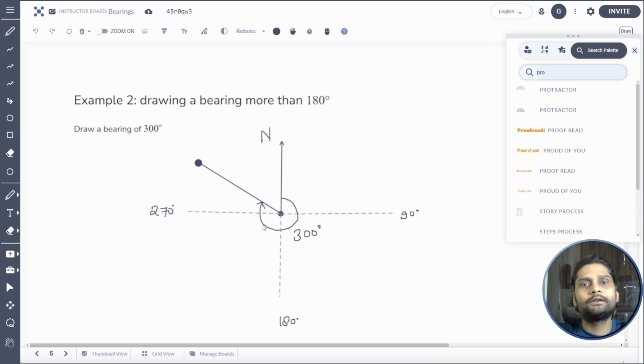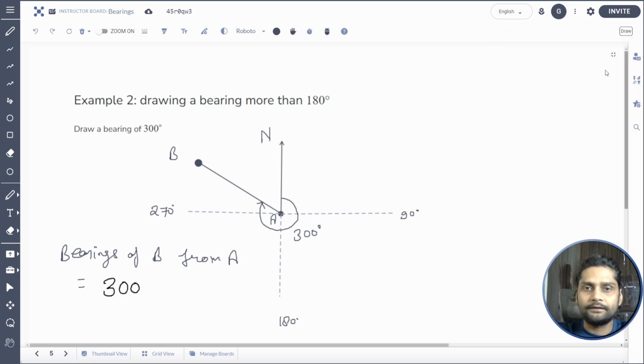That's 300 degrees. So again, you can name it. Let's say this point is A, this point is B. As we considered A to be the reference point, I would say the bearing of point B from A is equal to 300 degrees, and that's the answer to this question.